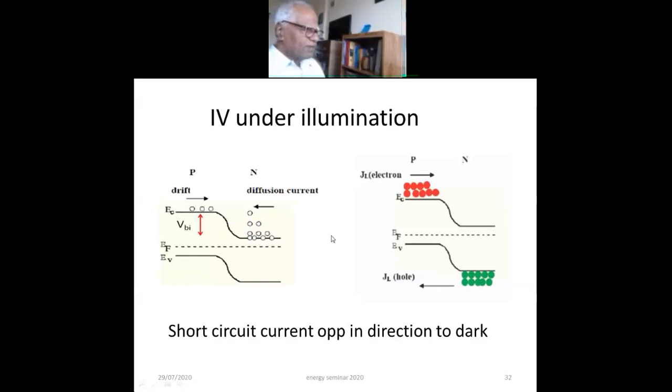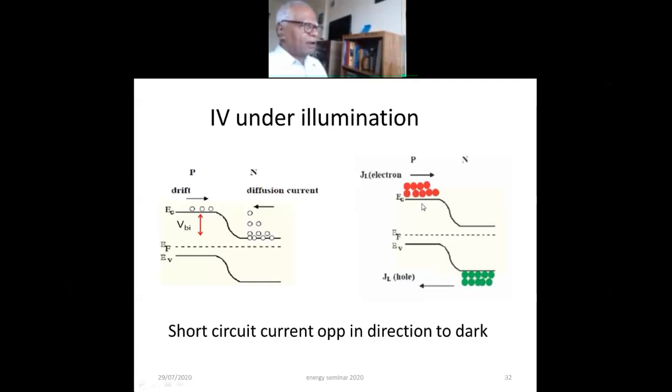Now, let me still short this, but I shine light. This is the P side, and the P side has very few minority carriers. It has lots of majority carriers, lots of holes and few electrons. The N side has lots of electrons and few holes. So when I shine light, let me just look at the electrons, and whatever I say for electrons is valid for holes.